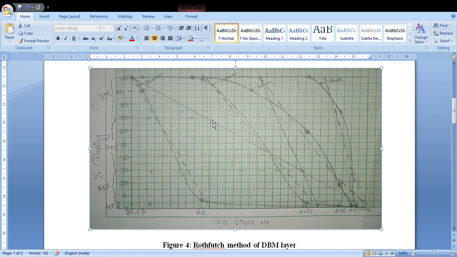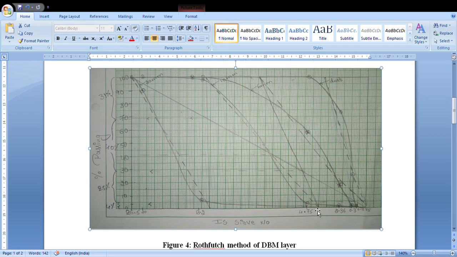Just join these two lines, and that line cuts the gradation line at some point. Project that to the y-axis, and this gives the percentage of this aggregate to be mixed to get the required grade. It means 20 mm aggregate is to be mixed at a proportion of 31 percent.